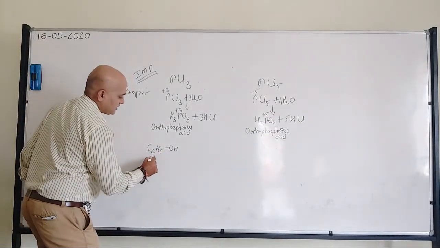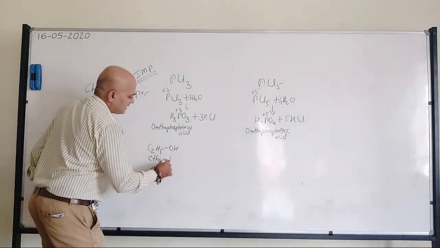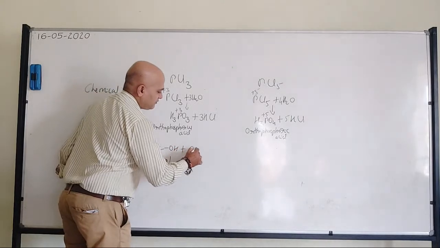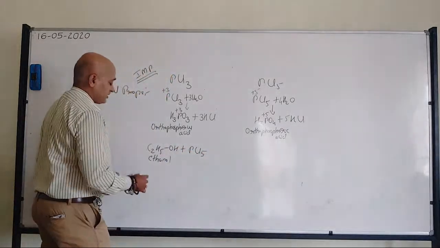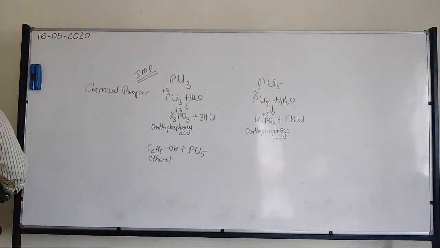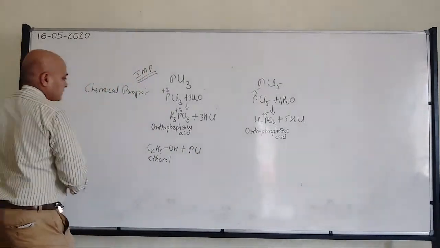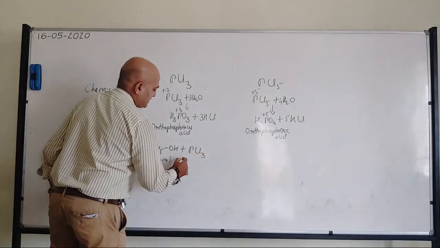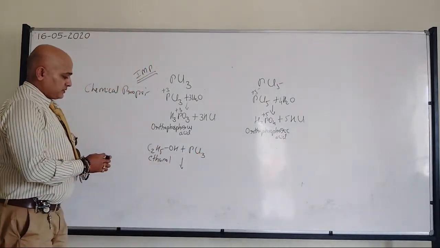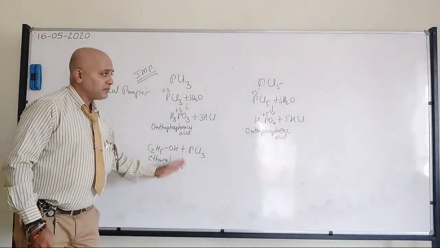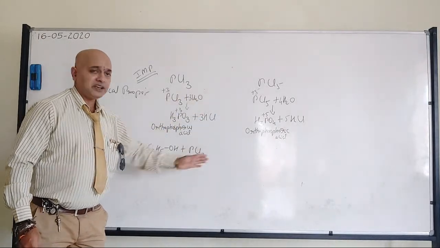Ethanol. When it is treated with PCl3, so I am writing the equation down because I have written PCl5 nearby only.